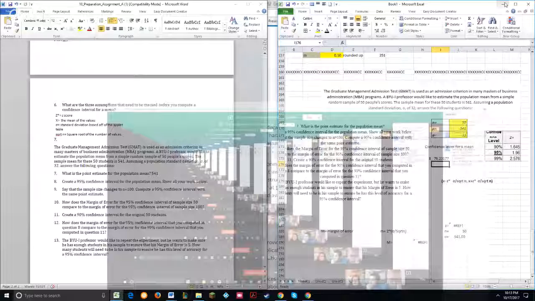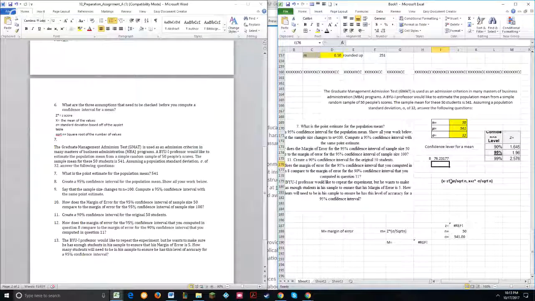So which step did I miss here? Because I did my mean, the 541, minus the z-score for 95%, divided by the square root of the number of the population. Is that right?